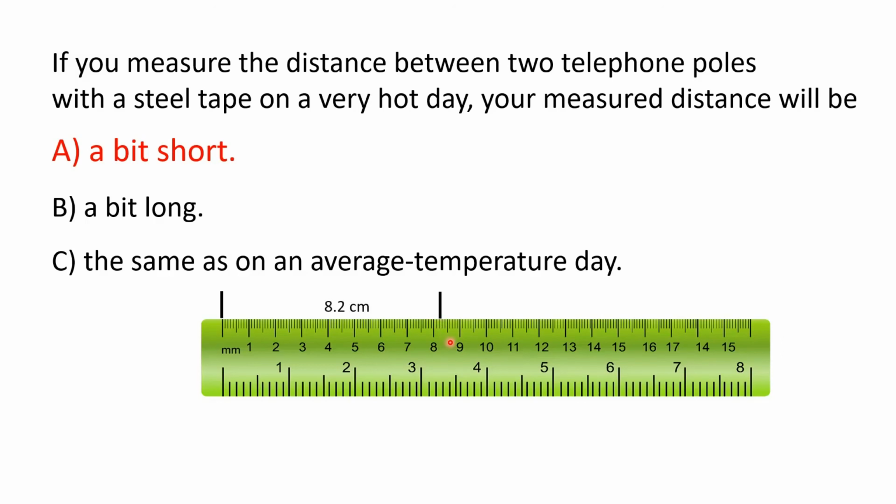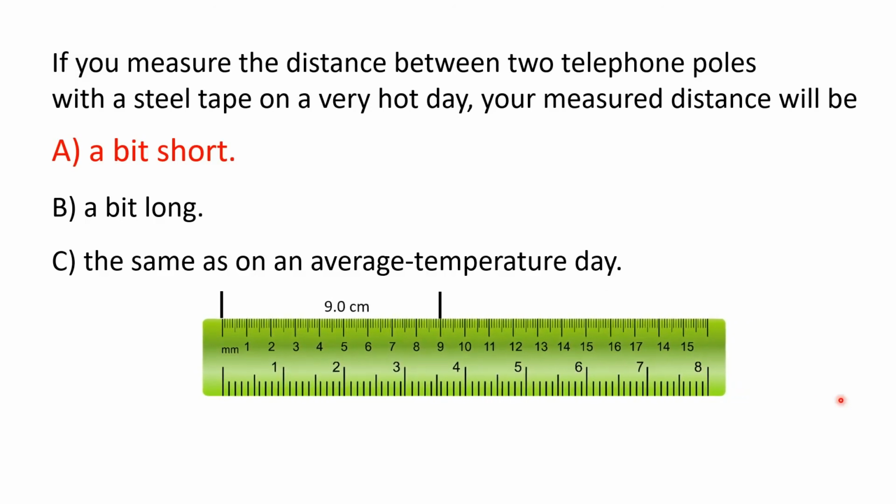So if I read that off, that's about 8.2 centimeters. So that's why it's now shorter of a measurement, because the tape measure itself is longer. So the 9 millimeters is longer than it should have been. Well, if you let that tape measure cool off, it will actually shrink down and you can recover the proper measurement.